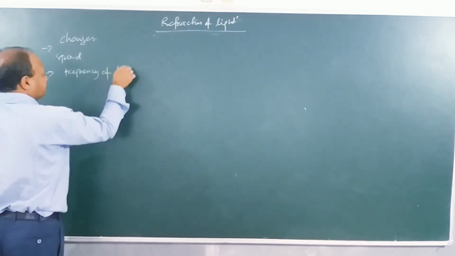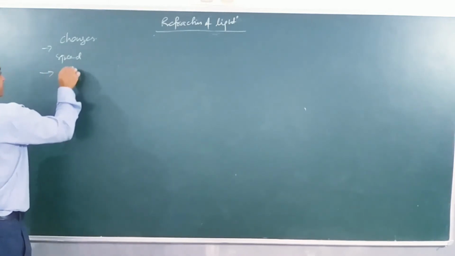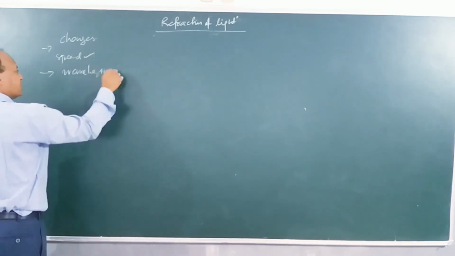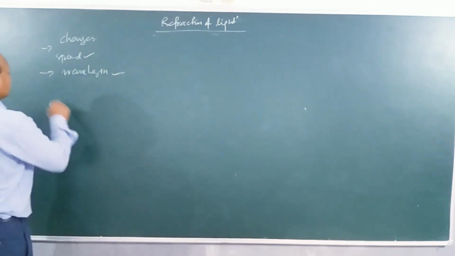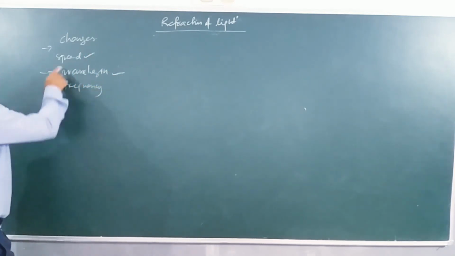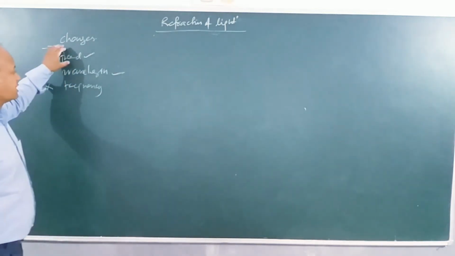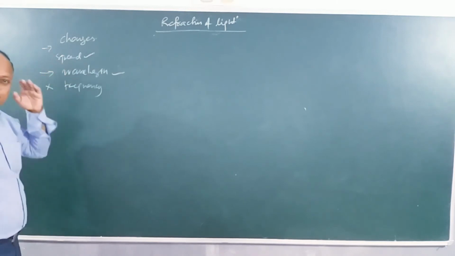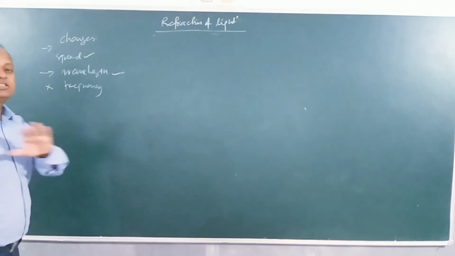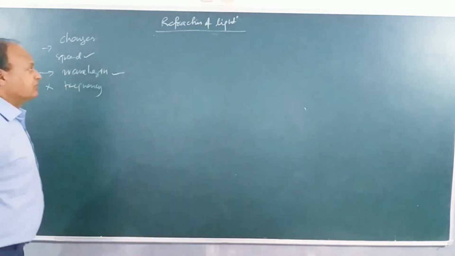But remember, what does not change is frequency. Speed changes and wavelength changes. And what does not change? Frequency of light does not change. Now this will be discussed in the senior classes, but just keep in mind, velocity is required in class 10. These two things are not required. Just keep in mind that speed changes, wavelength of light changes, but frequency does not change. Speed of light changes. We will get numericals on this. We will discuss it.